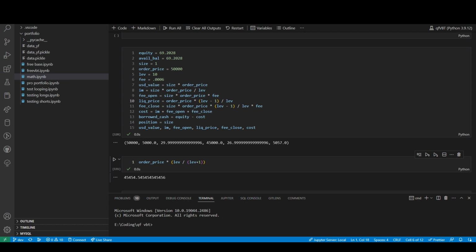So let's see here. If we have a leverage of 10, let's see what the liquidation price says. So we have a leverage of 10, quantity of 1, entry price of 50,000.